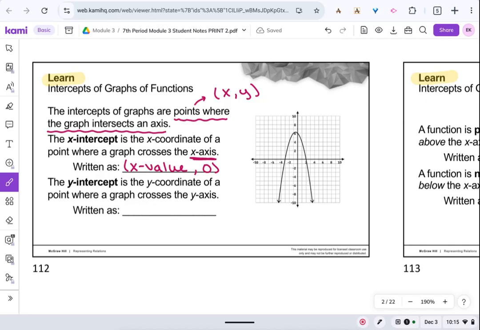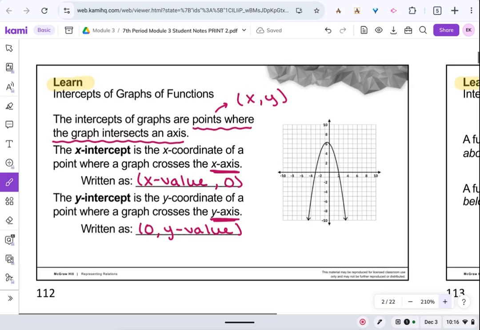The y-intercept is the y-coordinate of the point where the graph crosses the y-axis. So it's the opposite now. 0 is going to come first, and then whatever our y value is, where it crosses the y-axis. So on this graph, you'll notice that there's a couple things going on. Just as a reminder, this is our x-axis, and notice that this graph has 2 points where it actually crosses that axis.